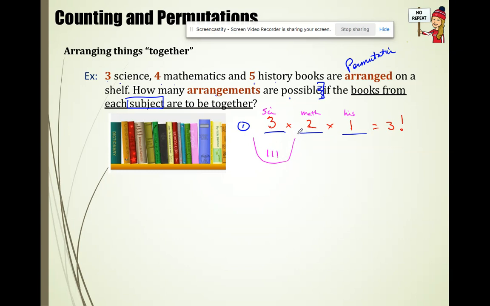How about in this bag, if you will? How many math books do I have? How many history books do I have? Now, what are the different ways to order those? How about inside each one of these bags, what's going on? If I have 3 books, how many different ways can they be arranged?